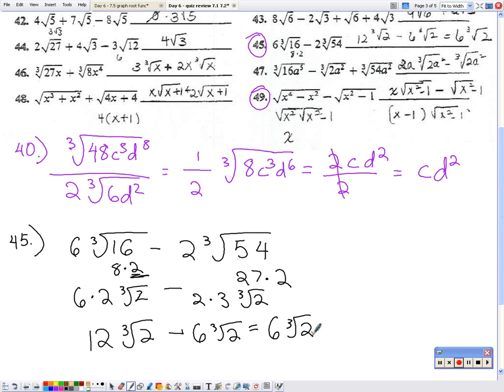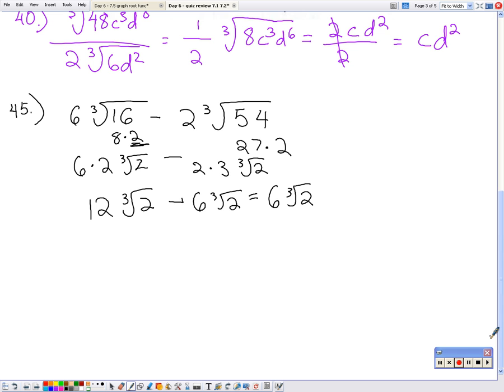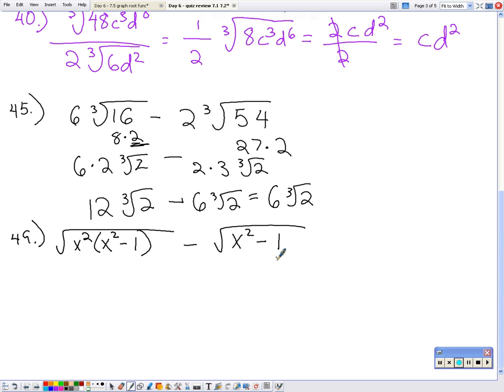All right, let's take a look at 49. Before I write it down, I notice that it's x to the 4th minus x squared. So I'm going to take out the greatest common factor of x squared. The second radical does not have a greatest common factor, so I'm just going to leave it.